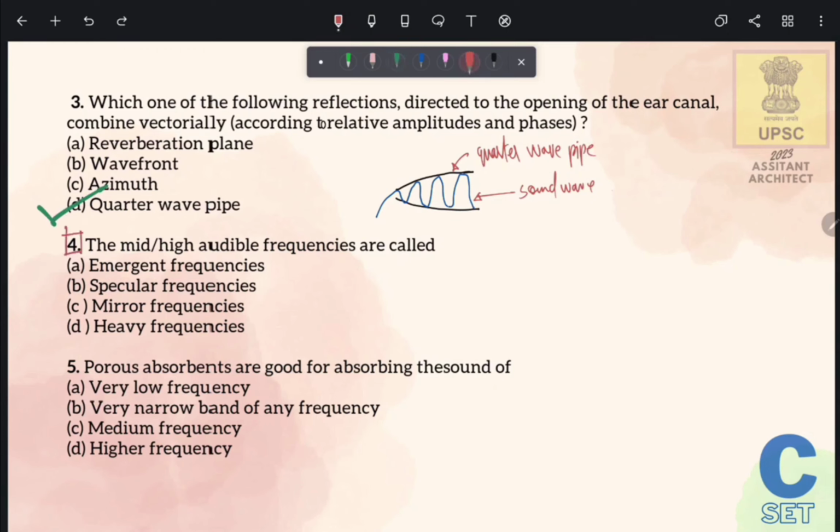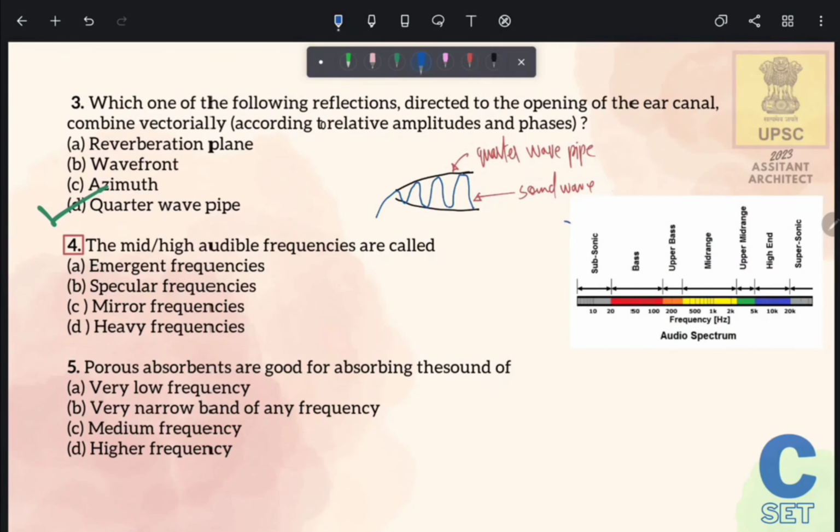Question number 4 is related to acoustics, and we are going to skip this question because we are unable to find the correct answer of this question. So few things that you need to know related to this question is the range of frequency. So here in this picture you can see the various frequency ranges. 0 to 20 Hz frequency comes under low frequency.